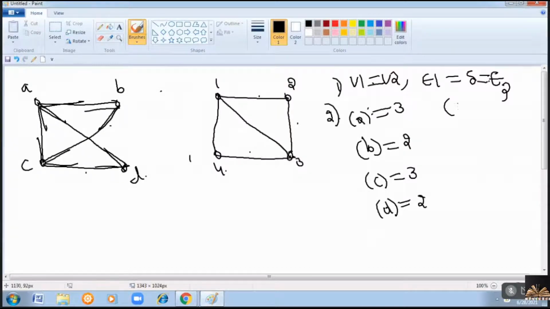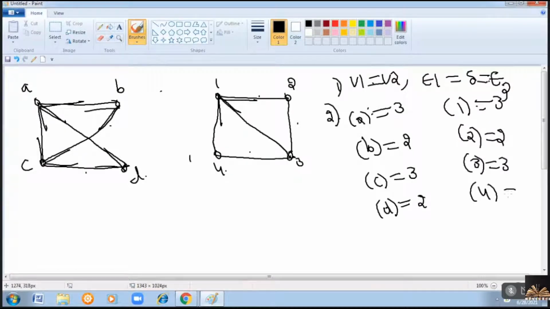Coming to the second graph, the degree of 1 is 3, 2 is 2, 3 is also 3, 4 is 2, right? So you write them in ascending order, then the degree sequence of G1 will be 2, 2, 3, 3. For G2 also it is the same, so the degree sequence is matched.